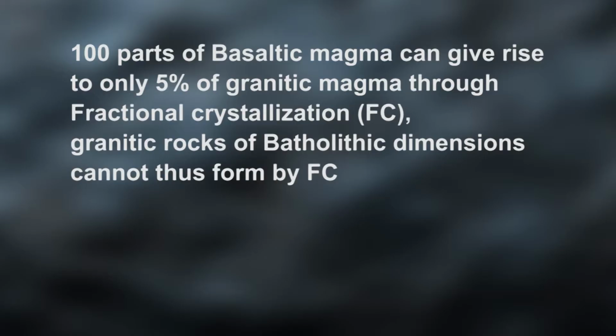This absence also precludes the production of a large volume of granitic magma by differentiation of parental basaltic magma, because experiments have shown that 100 parts of basaltic magma can give rise to only 5% of granitic magma through fractional crystallization. Granitic rocks of batholithic dimension cannot thus form by fractional crystallization.